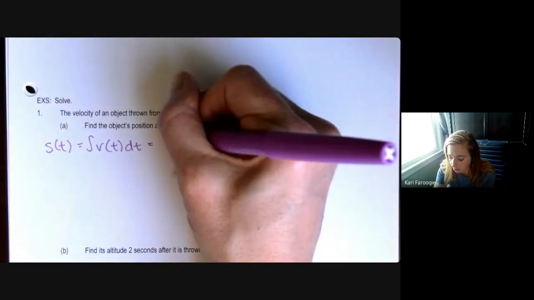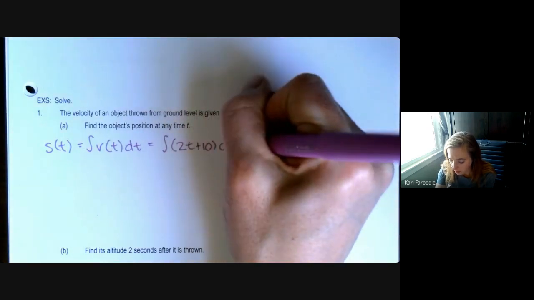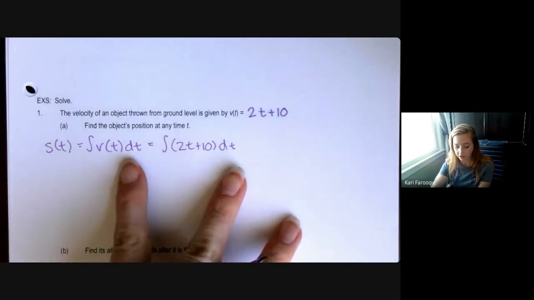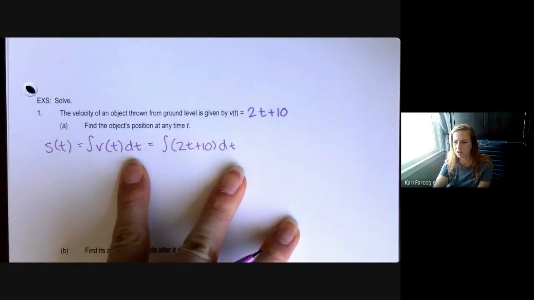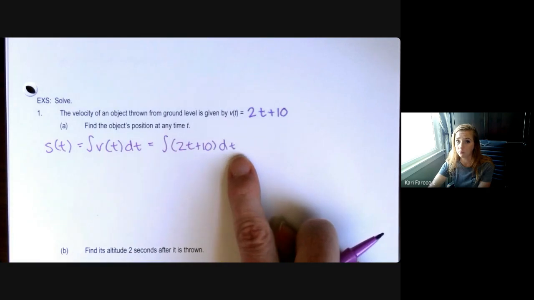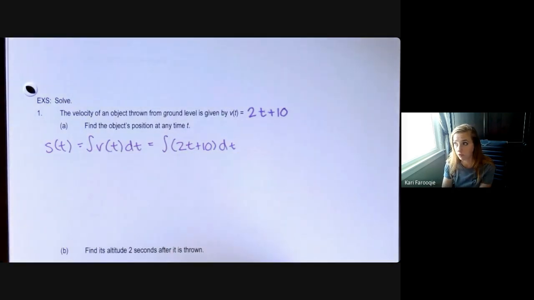To do that, I'm going to integrate 2t plus 10 dt. Now, I've been throwing these dt's in here, and you might wonder, we've only been talking about x's. But this is a function of t, so we're going to have to integrate with respect to t. Anytime you have t inside your integral, you make sure it's integrated with respect to that variable.